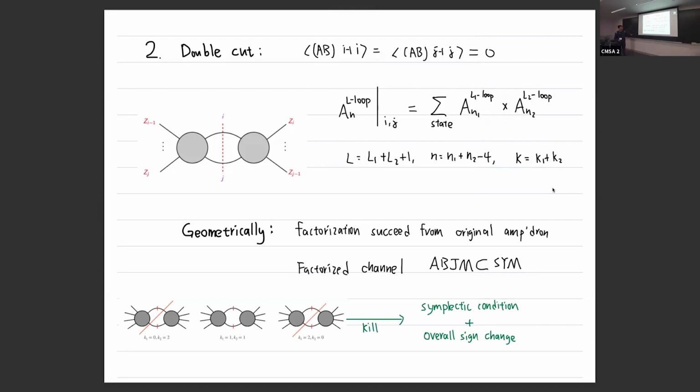But this unwanted channel is also very easy to remove, because we already showed that in the tree region, the unphysical configuration will lead to an empty geometry. So this unwanted channel will just vanish because the tree is 0.